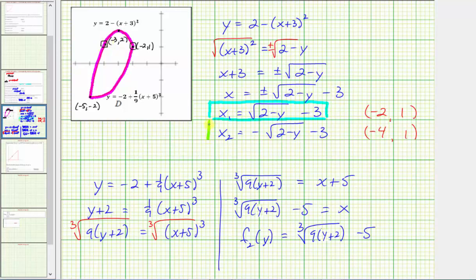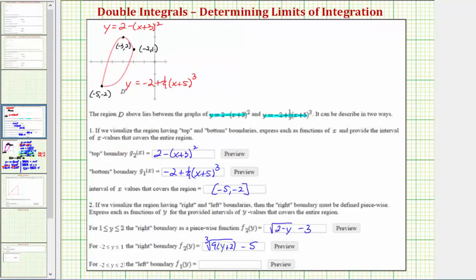So using this equation now, the left boundary is going to be f sub 1 of y equals negative the square root of the quantity 2 minus y, minus 3. So going back to our question, again, f sub 1 of y is equal to negative the square root of the quantity 2 minus y, minus 3.